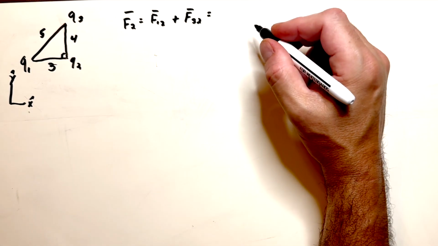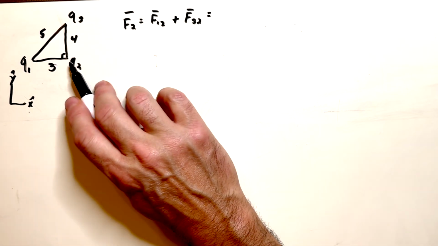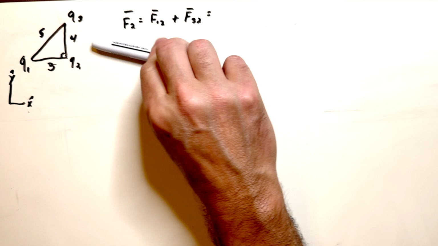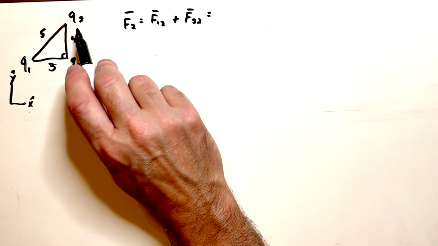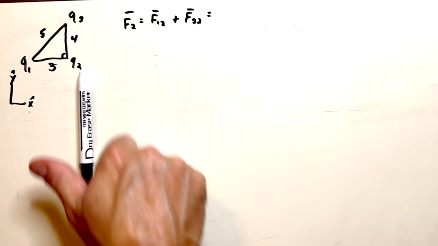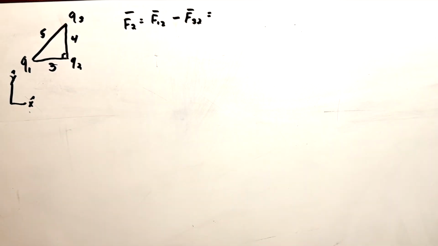I'm going to keep track of the directions here with the forces. So the force from 1 acting on 2 is going to cause it to go this way, since they're all positively charged, right? And so that will be a positive. But the force of charge 3 on charge 2 will be acting in the negative y direction. So I'm going to just change the sign here.